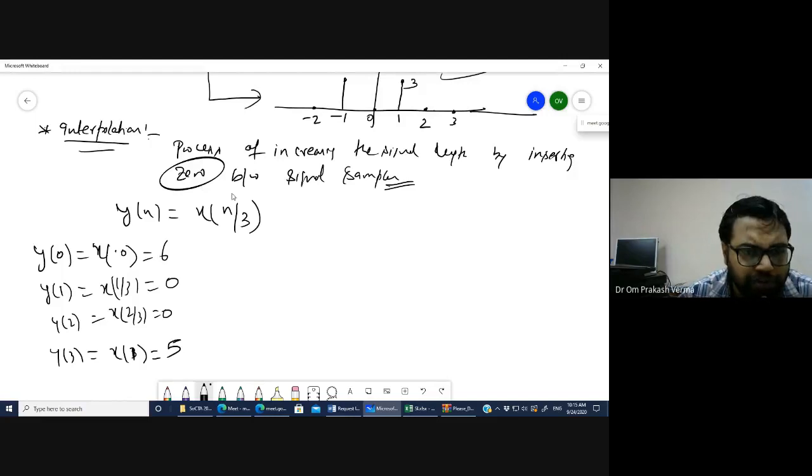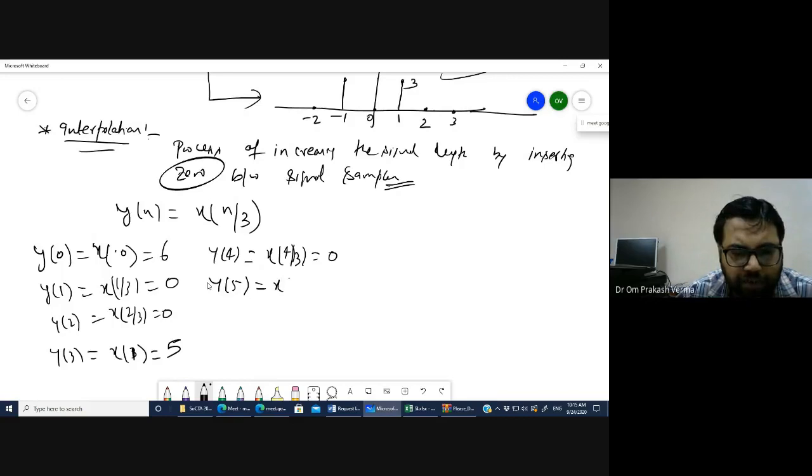You can find more signal, y4. How can y4 be calculated? x of 4 by 3 is 0. y5, x of 5 by 3, 0. y6, x of 6 by 3 is x2, and x2 is nothing but, I think, 4.